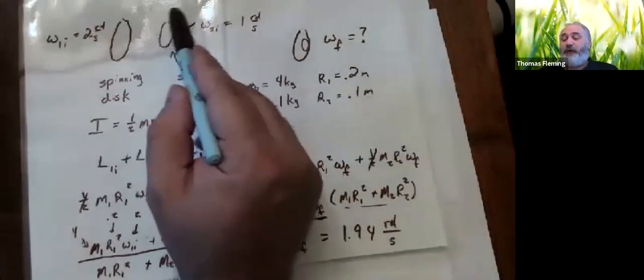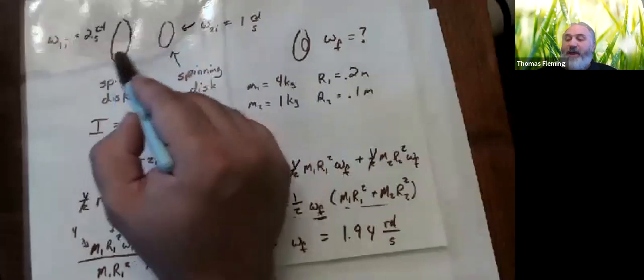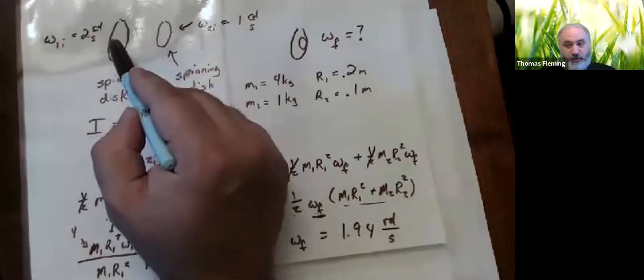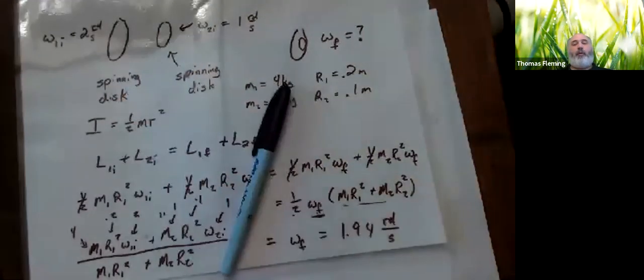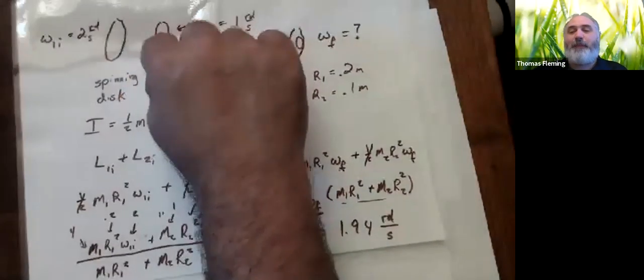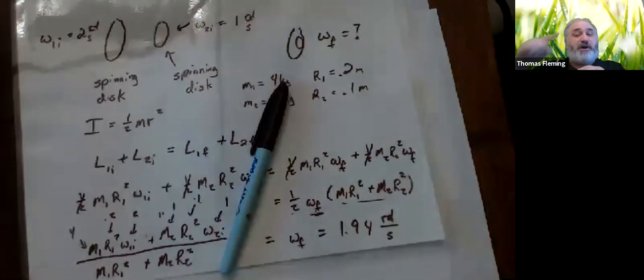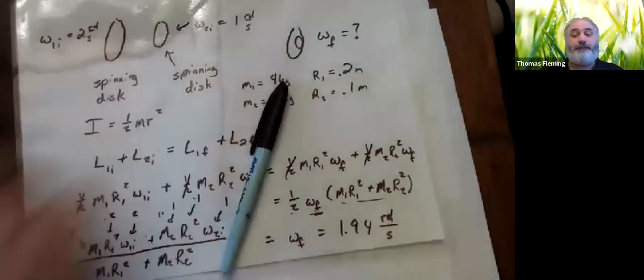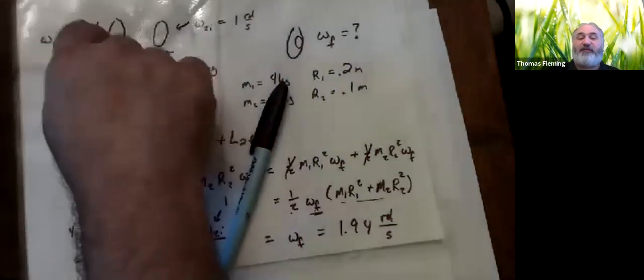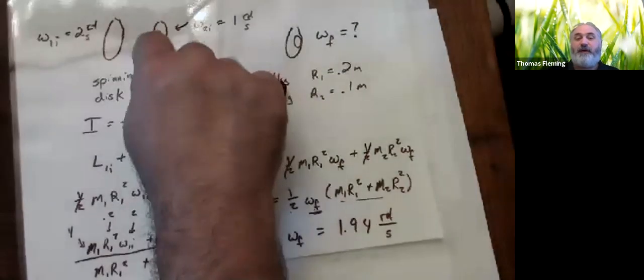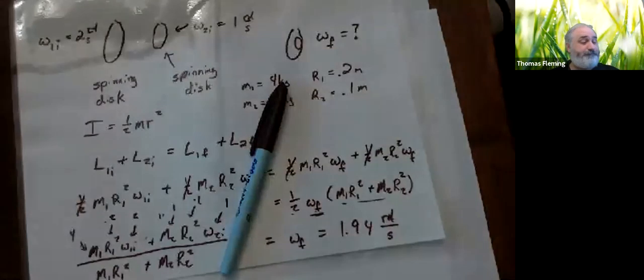This guy's going to have a way bigger rotational inertia than this guy. And so whatever torque speeds this guy up is going to affect his motion much more strongly. It's going to speed him up more easily than it can slow him down. And that's why his velocity didn't change nearly as much as this guy's velocity.